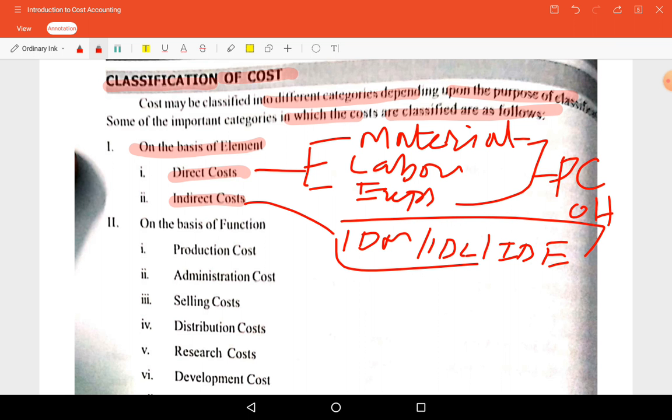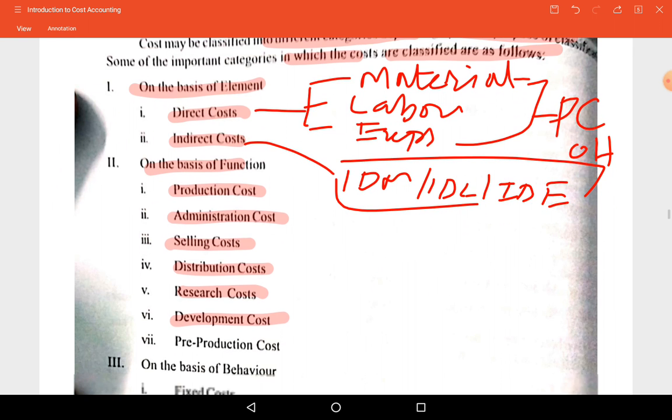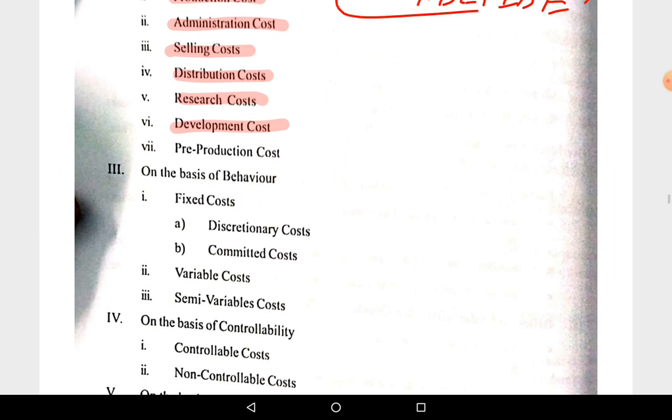On the basis of function: production cost, administration cost, selling cost, distribution cost, research cost, development cost, and pre-production cost were discussed earlier in the last video, so we are not going to discuss those again.